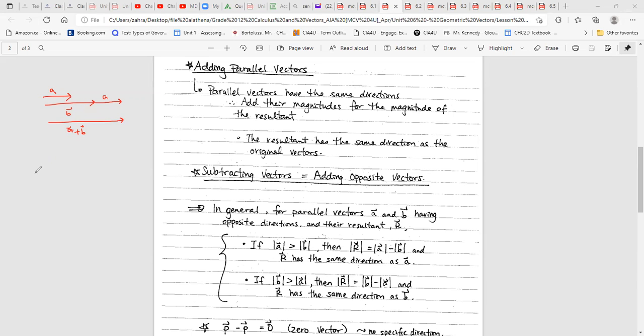And if you want to subtract, again, this is A, this is B. You want to find B minus A. So first, you know what to do. You find negative A, and then you put negative A here.